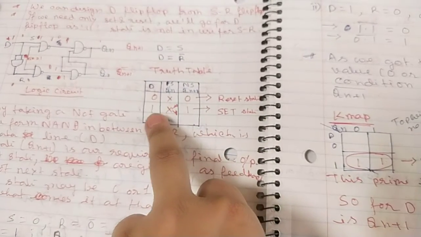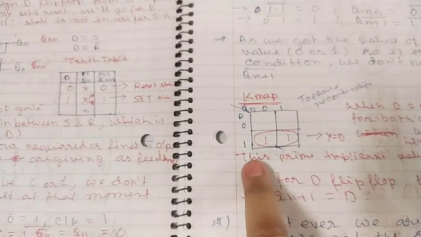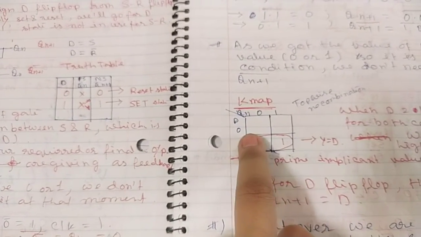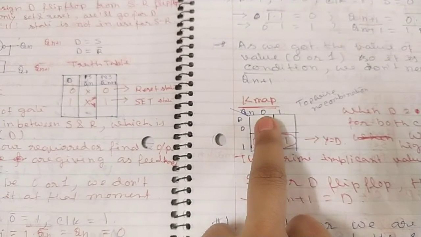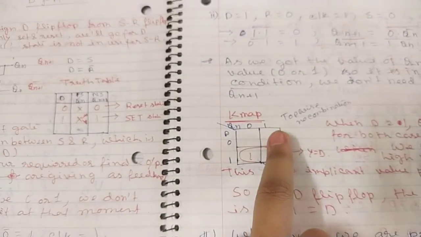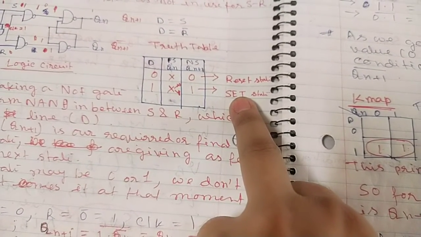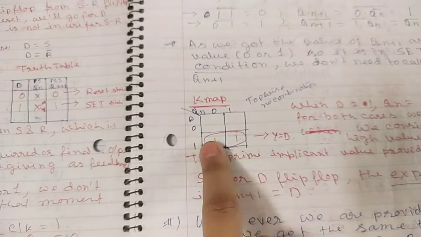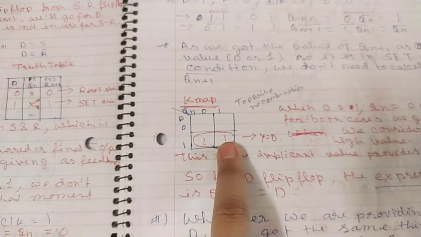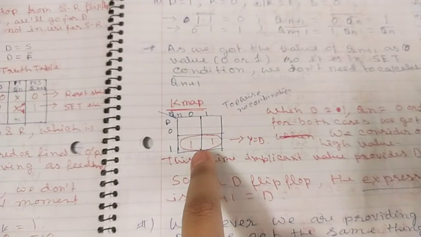So if we are considering only the high value, that is 1: when the value of Qn is 0, then it is 1, because it is the set condition. And when the value of Qn equal to 1, either 0 or 1, in both cases we get the set condition, that is 1. So 1 and 1 we have written.